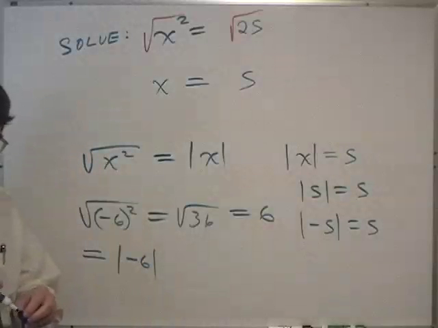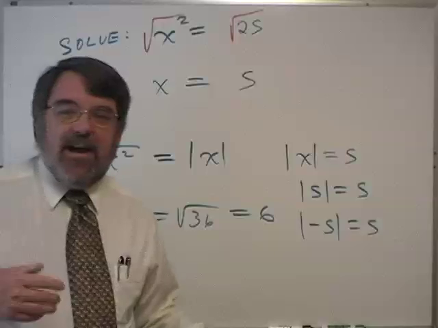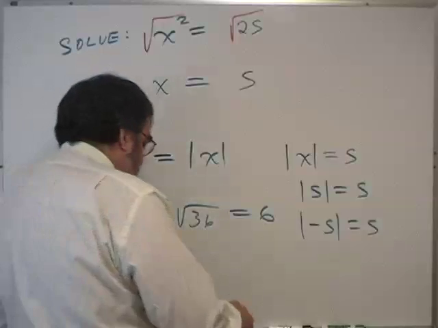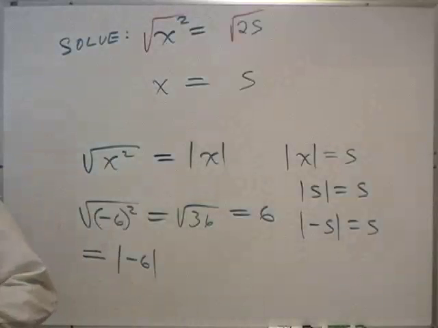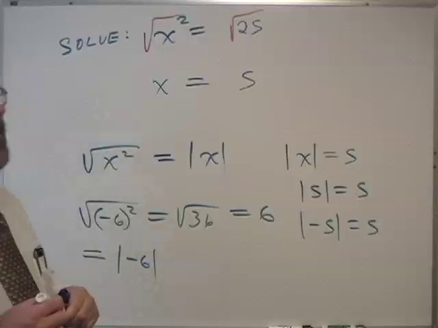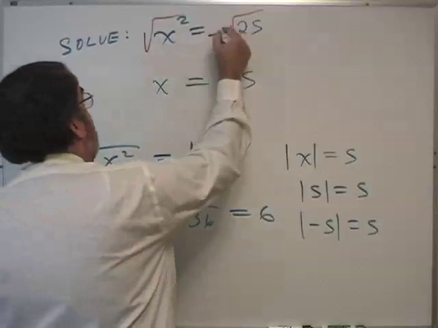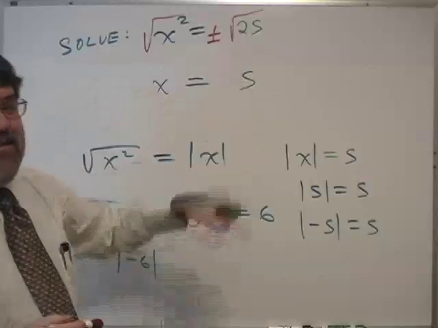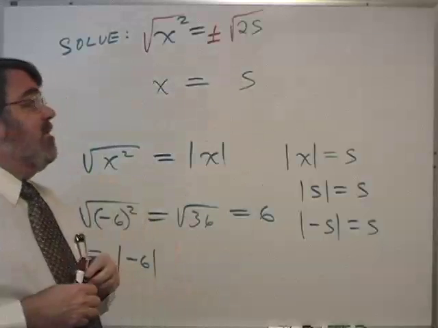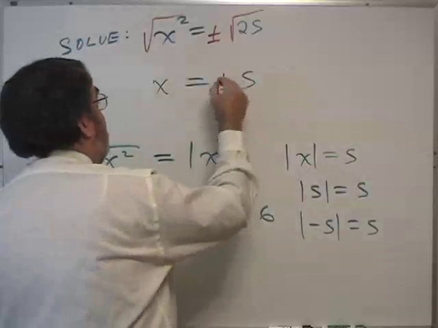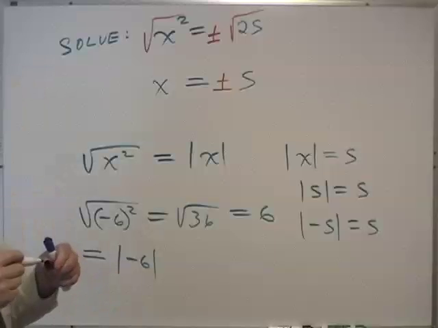Well, rather than dance around all this absolute value business, our chosen way to fix this in these problems is to introduce the plus or minus symbol. So I'm going to put a plus or minus here. Now that's a plus sign with a little line underneath it. And so it represents two answers. x is equal to plus 5 or minus 5.